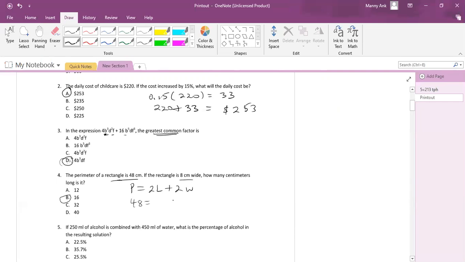It's equal to 2 times the length, let's say L, plus 2 times the width, which is 8. And then solve this. So that's 48 minus 16 is equal to 2L. So 32 is equal to 2L. Divide by 2, divide by 2. So L will be equal to 16.